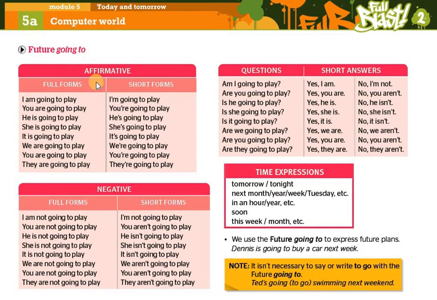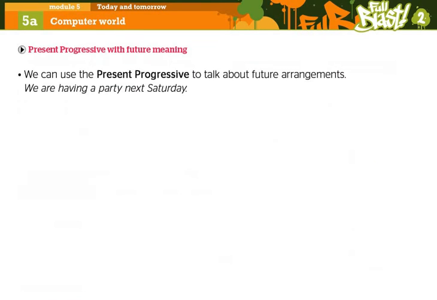So these are the full form and short form of the affirmative future going to, the negative form, the question form and short answers, the time expressions, and the use. This is all about the rule of future going to.